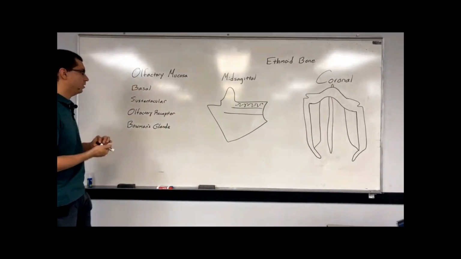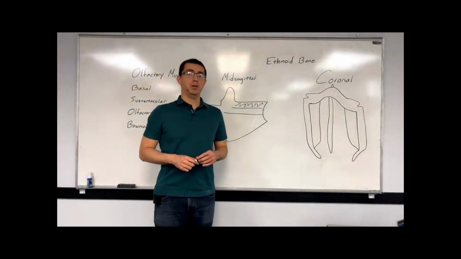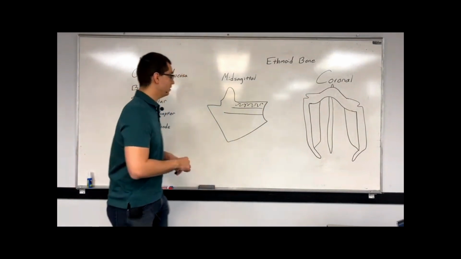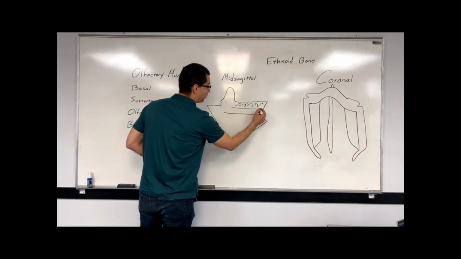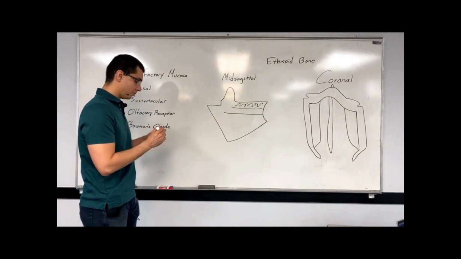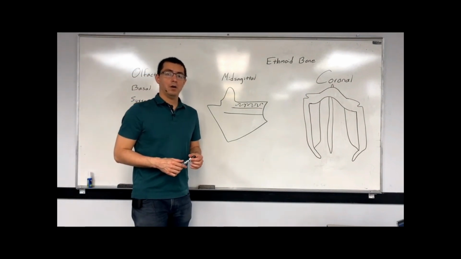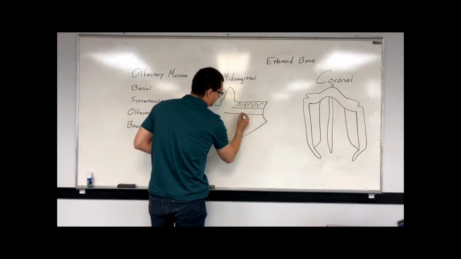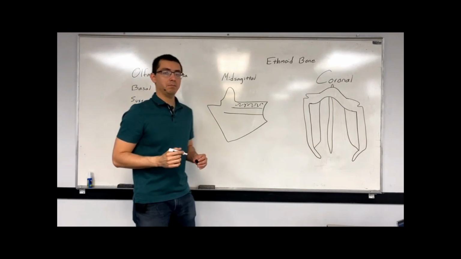The basal cells are responsible for creating the stem cells from which new olfactory cells are born. Sustentacular cells are responsible for providing structural support to everything that lives in the olfactory mucosa. Bowman's glands are responsible for lubricating everything within the olfactory mucosa by secreting mucus.